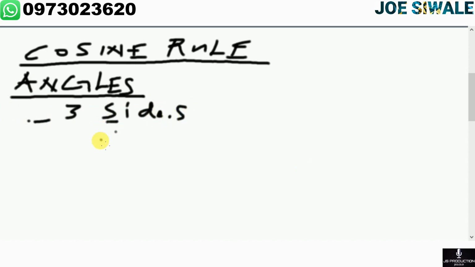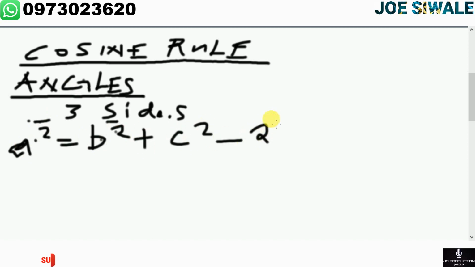If you remember very well, we said that our formula can be written in this way: a squared is equal to b squared plus c squared minus 2bc cos a.